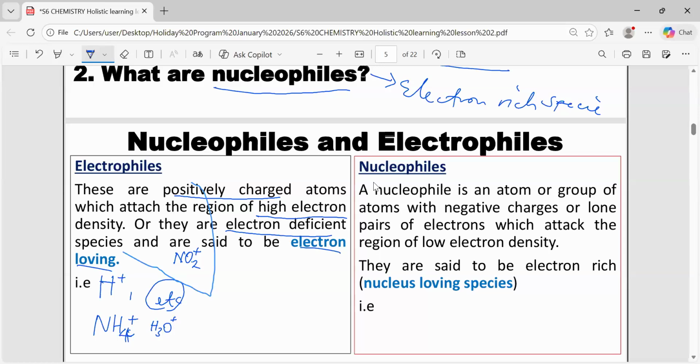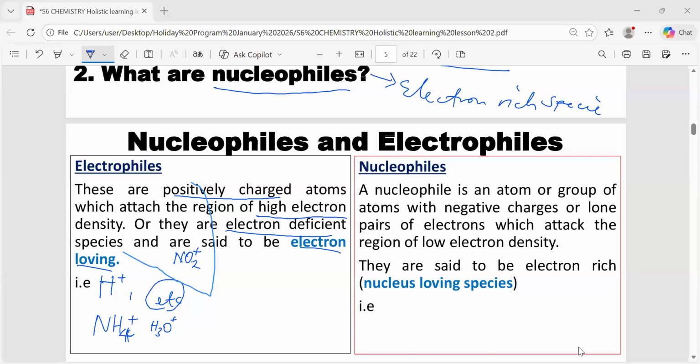Then we can also talk about nucleophiles. Who can read for us? What are nucleophiles? By show of hands, very fast, read for us this statement we have. Okay, Shalom Kadu.